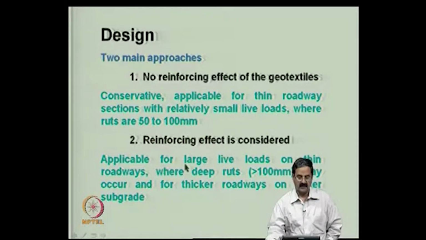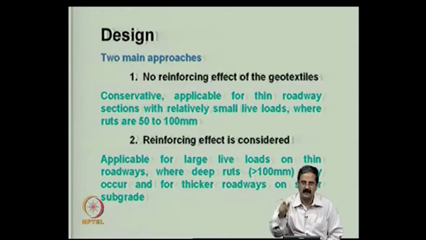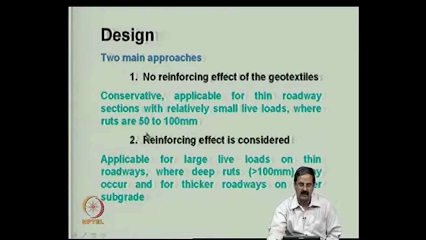Then you also know about rut depth. Rut depth is nothing but a permanent deformation in the soil. For example, if a vehicle is continuously going, there will be a depression, which is called permanent depression. The maximum depth of rut could be about 50 mm to 100 mm in some cases.